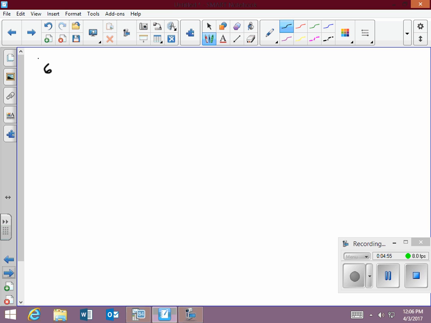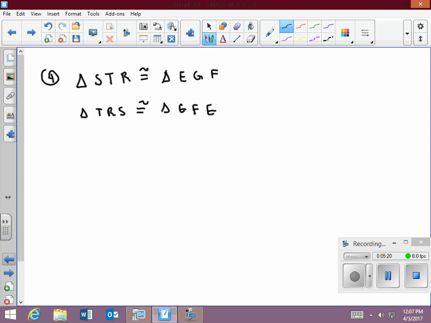So that was the whole answer for number 4? Yeah. It will not make a difference, you could have this listed as STR congruent to EGF, or you could have it listed as TRS congruent to triangle GFE, or you could list it as RST congruent to triangle FEG.